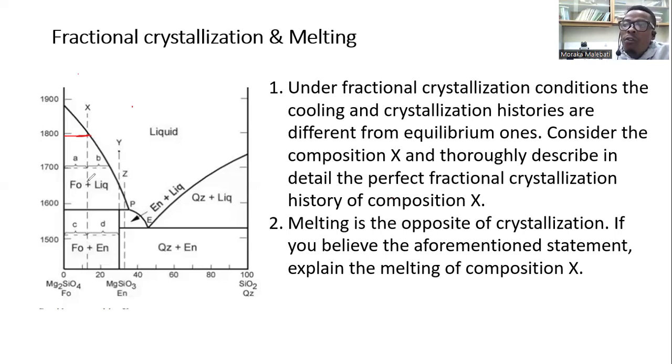And then more phosphorite will be precipitated as the liquid composition changes along the liquidus line. More of the phosphorite will keep on being produced, because for the liquid composition to change along the liquidus line, we are forming more of the phosphorite and removing them.